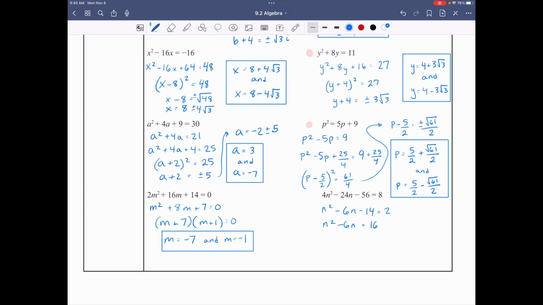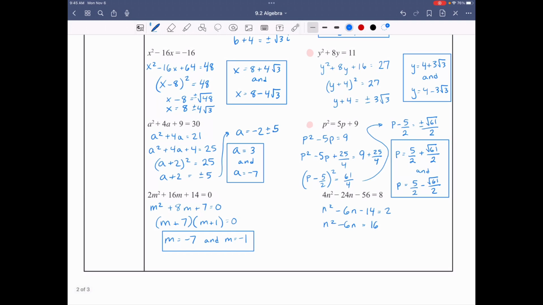Now, completing the square, we'll look at negative 6 divided by 2 is negative 3. Negative 3 squared is 9. So n squared minus 6n plus 9 is equal to 25 if we add 9 to that side. Our perfect square trinomial is n minus 3 squared equals 25.